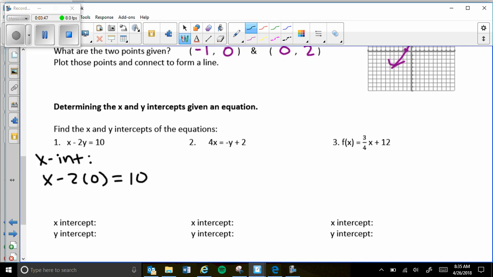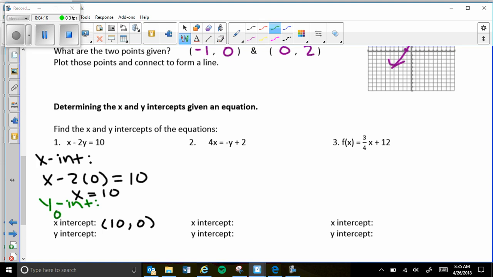Set it equal to 10. Well, anything times 0 is 0, so x equals 10. So there's my x-intercept, and it wants us to write them as ordered pairs. So the x-intercept is 10, 0, because we plugged in 0 for y. For the y-intercept, I'm going to do the same thing, but plug in 0 for my x value.